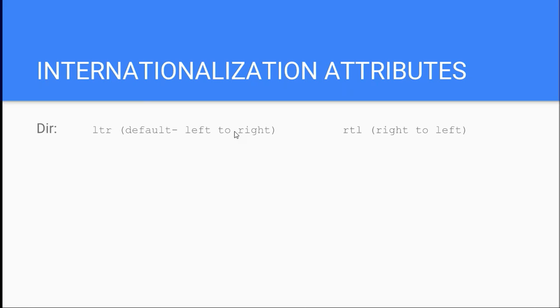Most other languages like English will write from left to right. But Hebrew and Arabic are different. When you're making websites in Hebrew or Arabic, you should use this attribute.